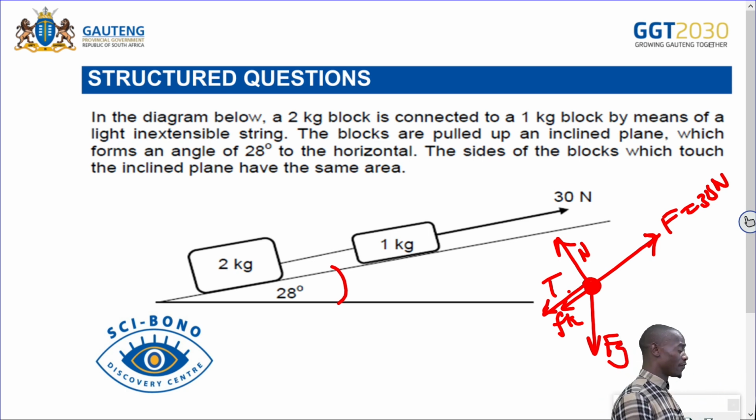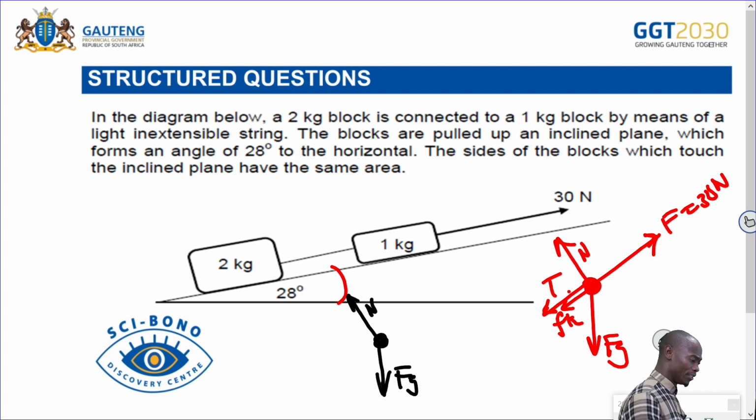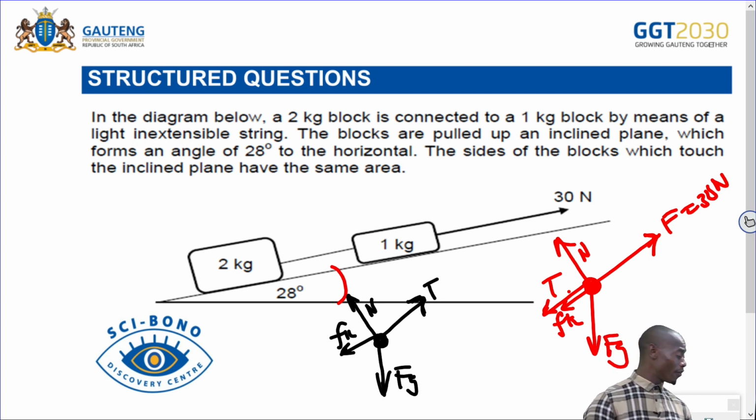And then for the 2 kilogram block, we can also draw a free body diagram. We have the normal force here. We also have Fg. And then there's tension here, which is applied parallel. And then there's also Fk. So for the 2 kilogram, there are 4 forces.